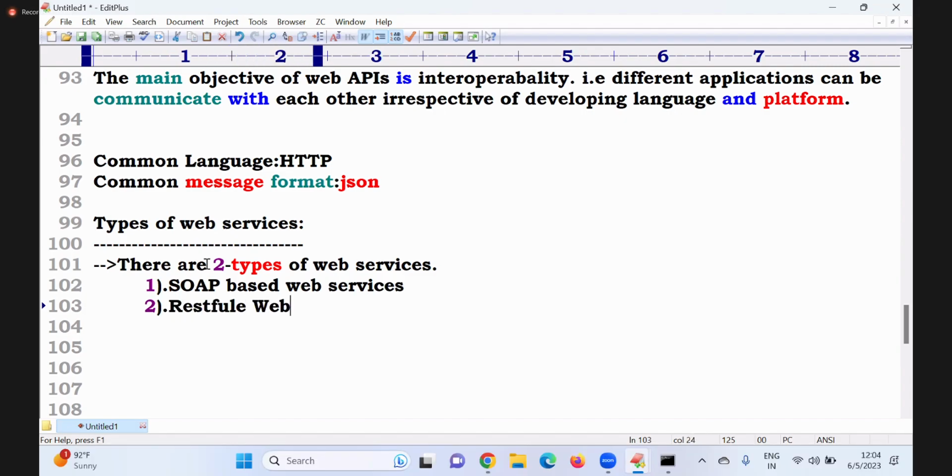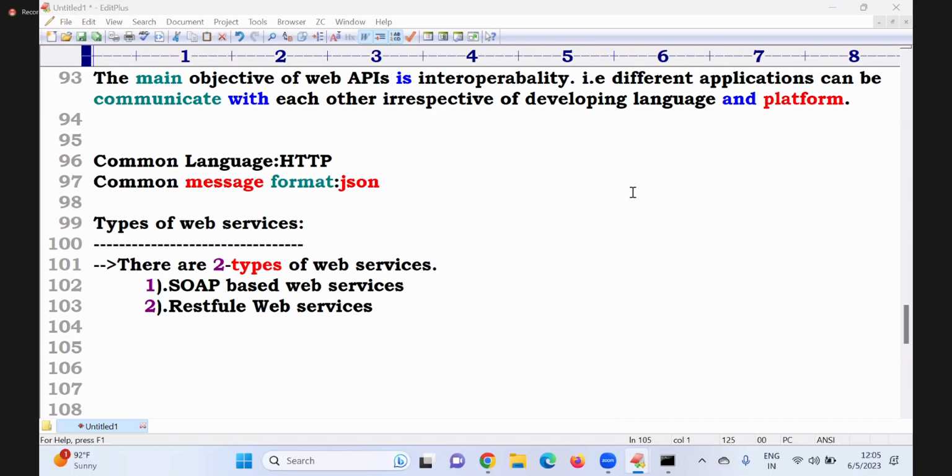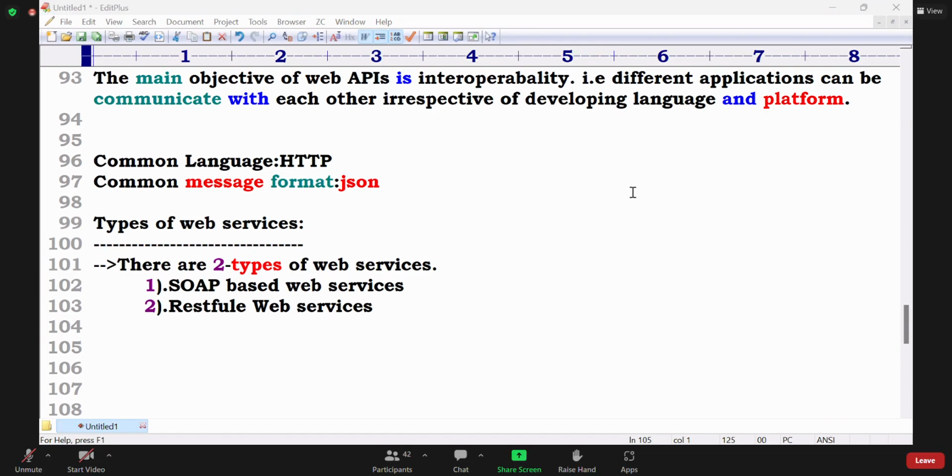Only these two are there. Whatever you mention, cloud-based or anything, there are only 2 ways for web services: one is SOAP based, the second is RESTful. You can implement REST anywhere.